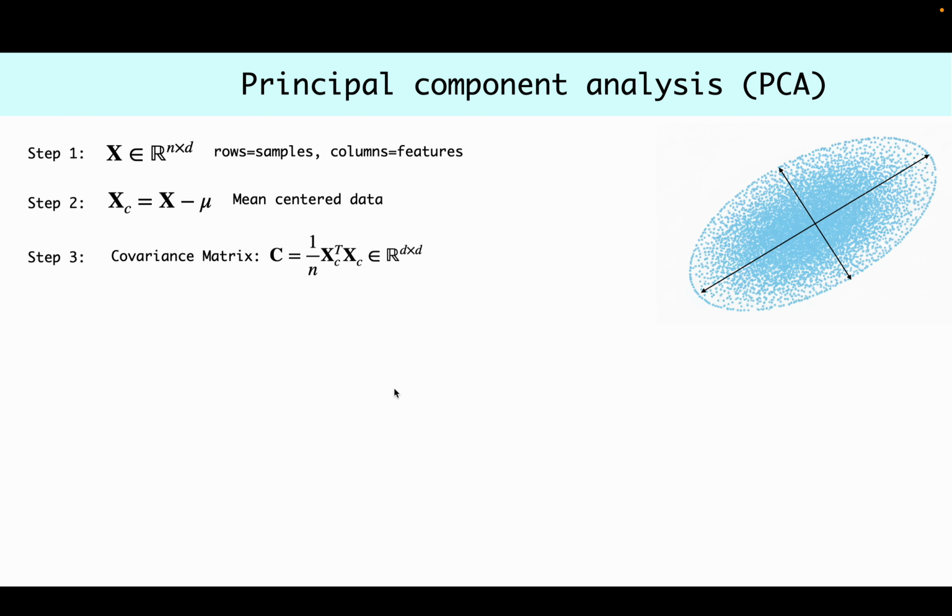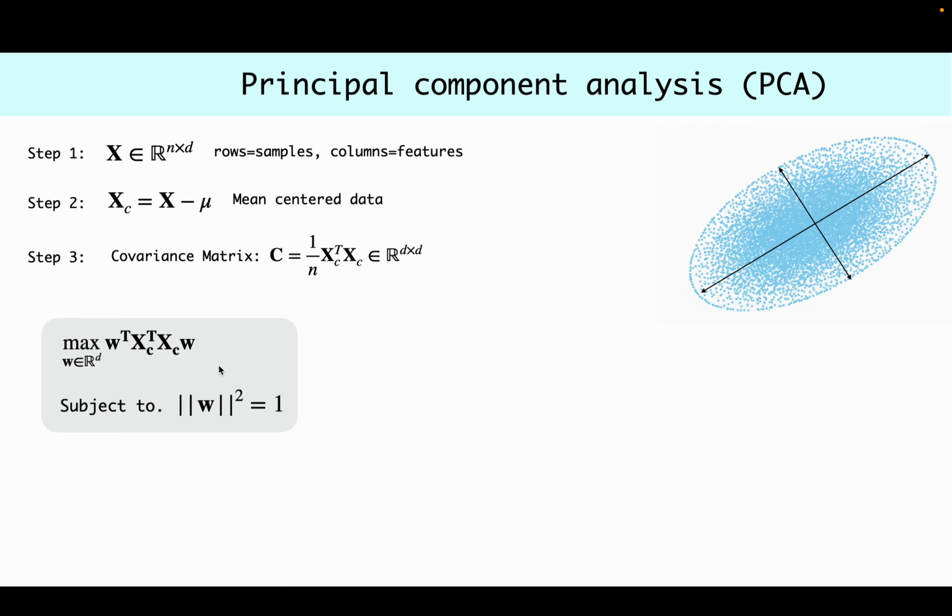First, let's formulate this as an optimization problem. Our job is to find this vector w along which we are trying to project, and our goal is to maximize the variance. After projecting each of these data points onto this axis, we would like to see which axis gives the maximum variance, subject to the condition that the norm of the weight vector is equal to 1.